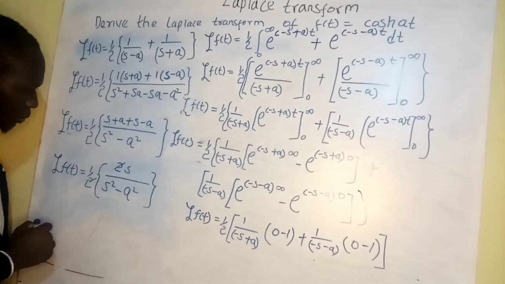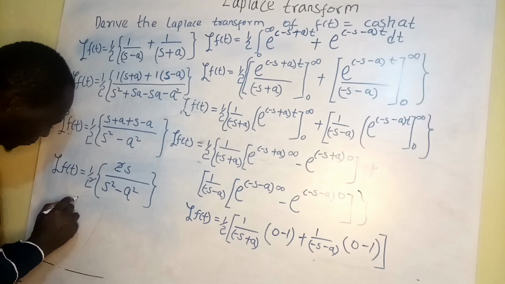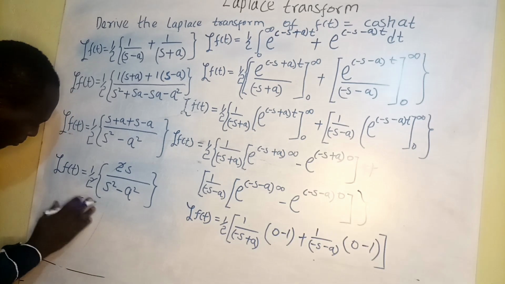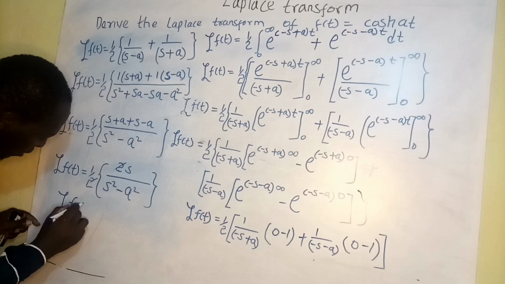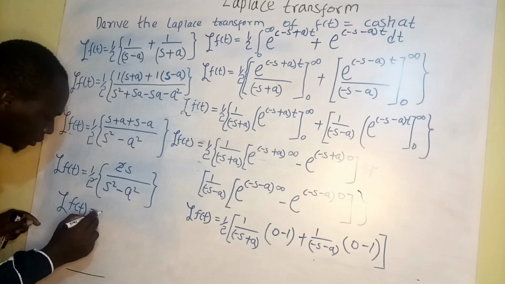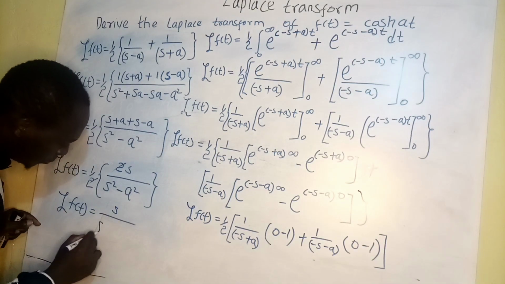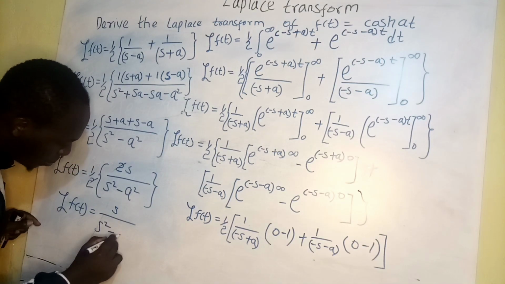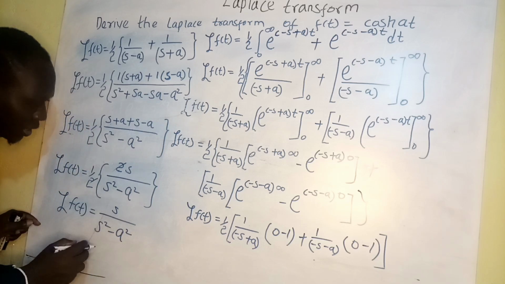This one and this one will cancel out. Hence, we can come and say the Laplace transform of our function f of t is equals to s all over a squared we subtract from a squared.